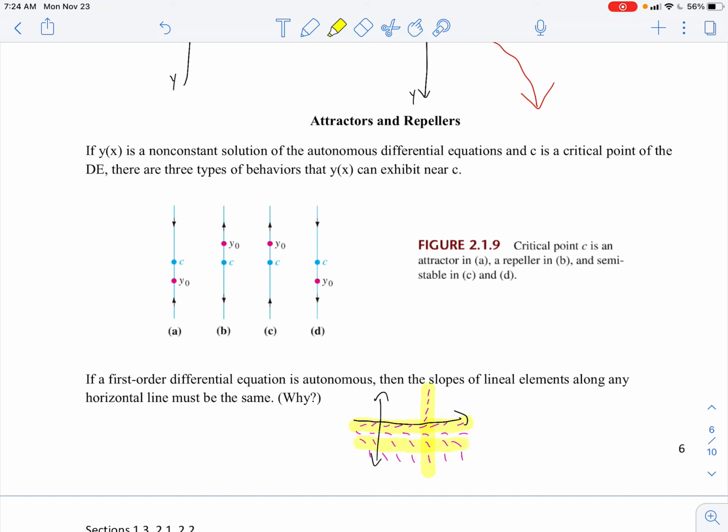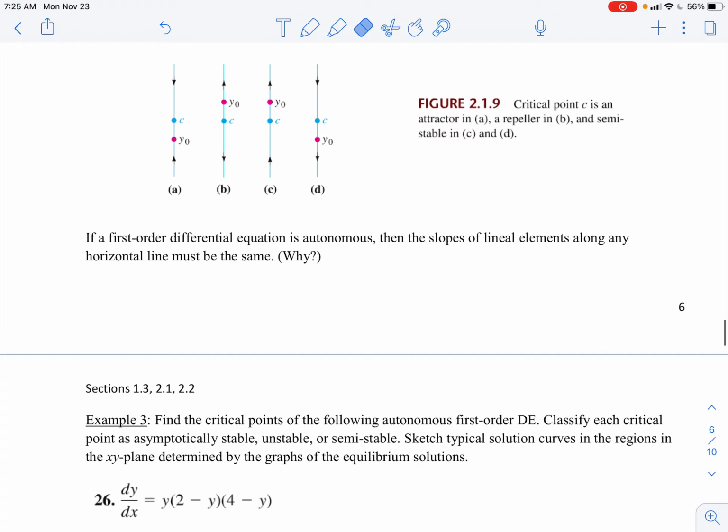They're all going to stay the same. And again, the reason why is because we have a differential equation that's all in terms of y and not in terms of x. And so that's why, as you go along a horizontal line for your slope field for an autonomous differential equation, it's not going to be changing along that horizontal line.